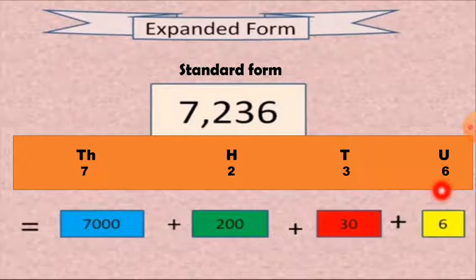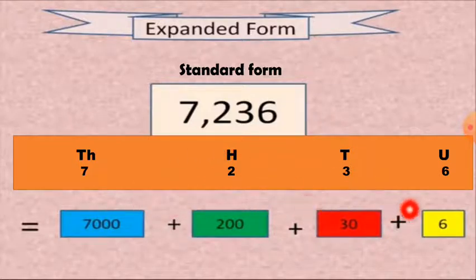After tens how many values are there? 1 value, so we write 10 plus 6. Unit place 6 is there and after it there is no value, so we write 6. So 7000 plus 200 plus 30 plus 6 is the expanded form of this number.